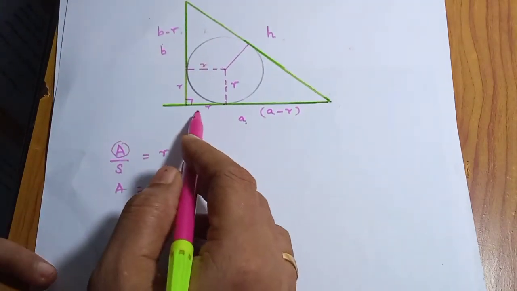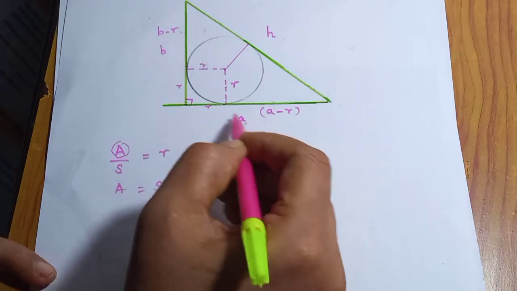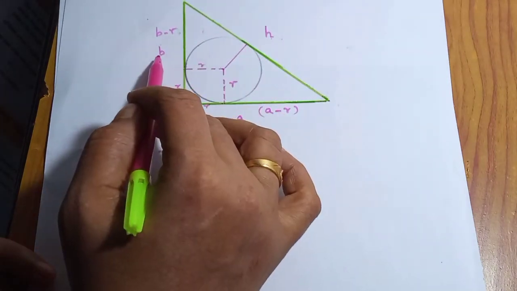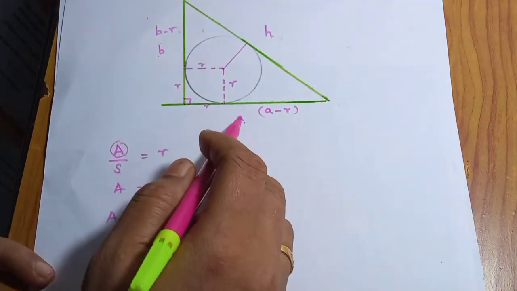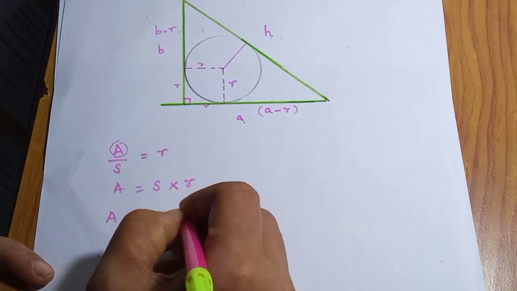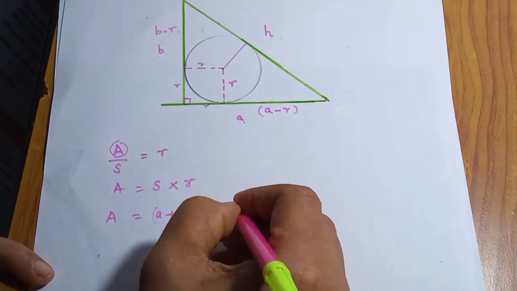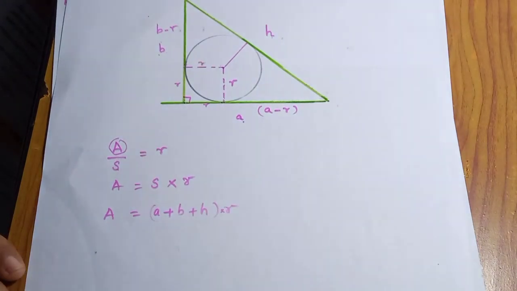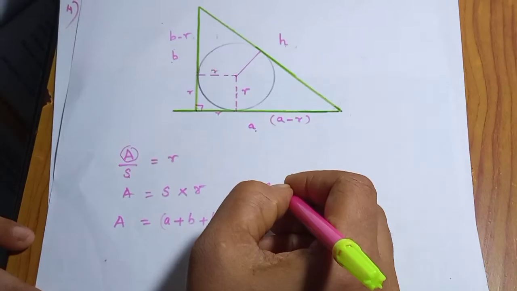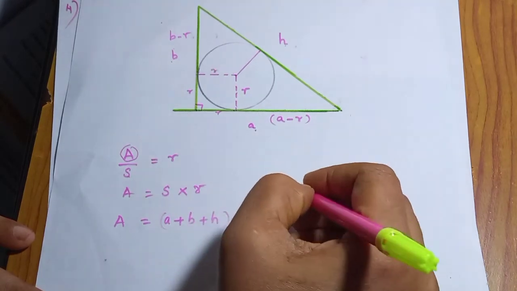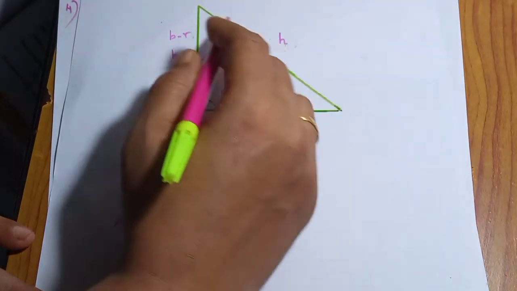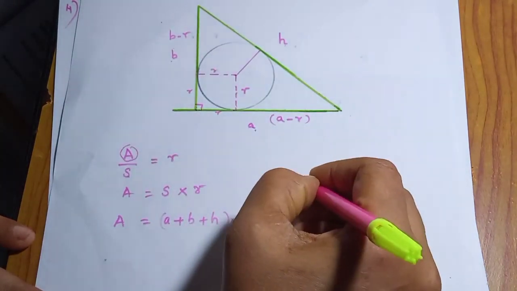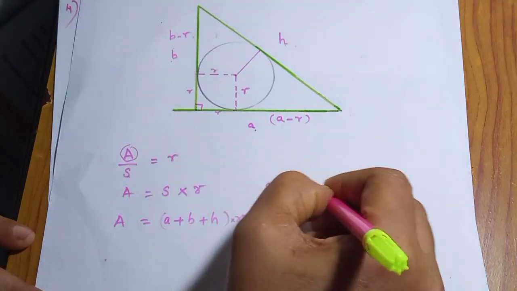And what about the perimeter of this triangle? Here we have a, this length is equal to h, and this length is equal to b. So the perimeter is a plus b plus h. Area is equal to a plus b plus h into r. S is equal to half of the perimeter, so S is A plus B plus H by 2.